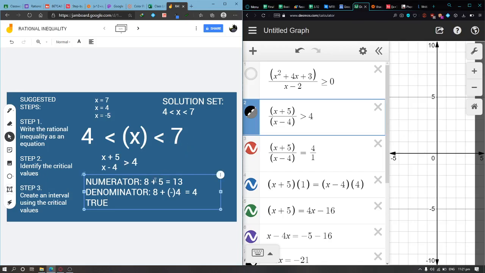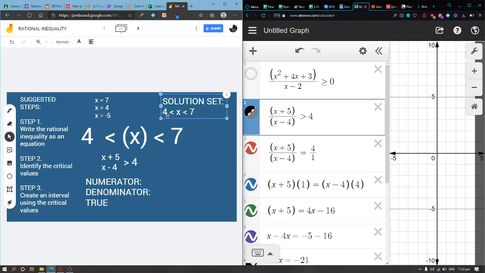Then therefore, we only have one solution set. That is only this one: 4 less than x and x is less than 7.